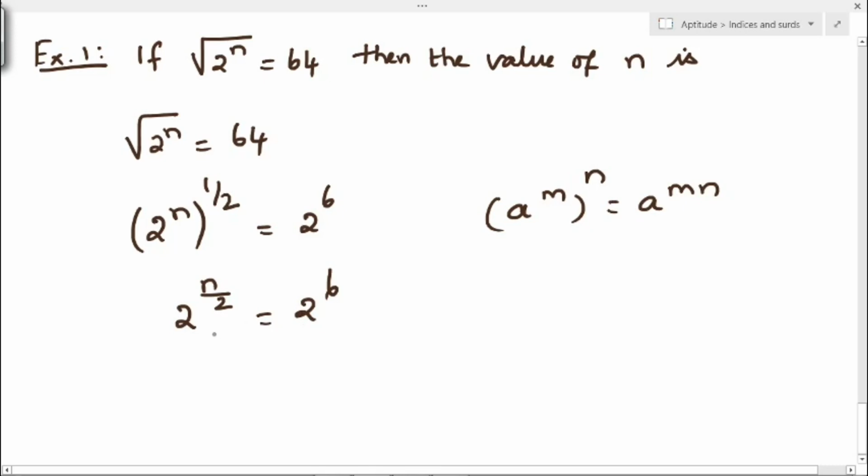Here we have a common base, 2, so we equate the powers: n/2 equals 6. So n equals 12, because 6 into 2 is 12. So the value of n is 12.